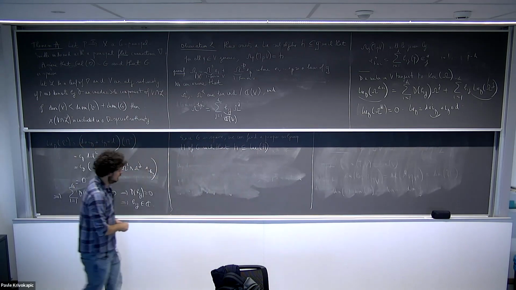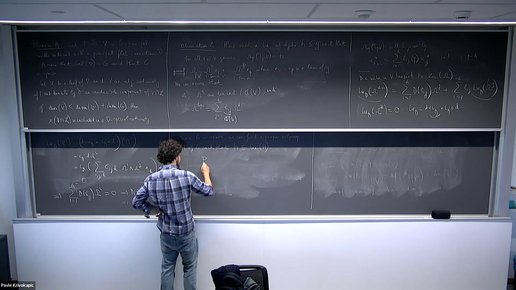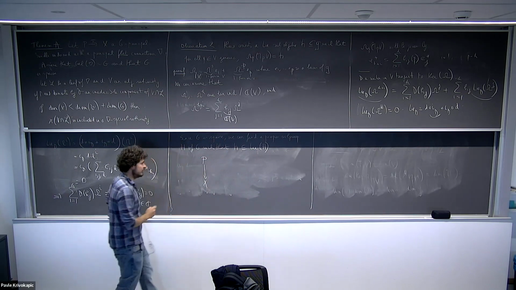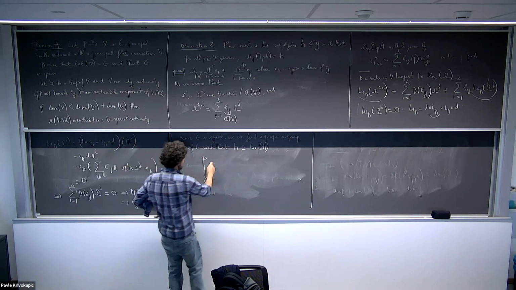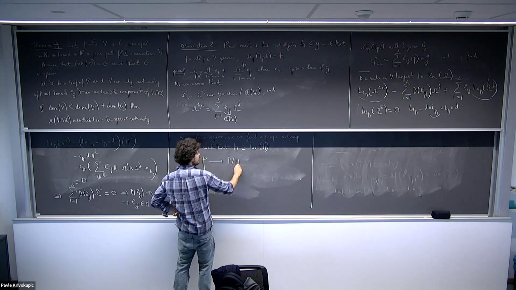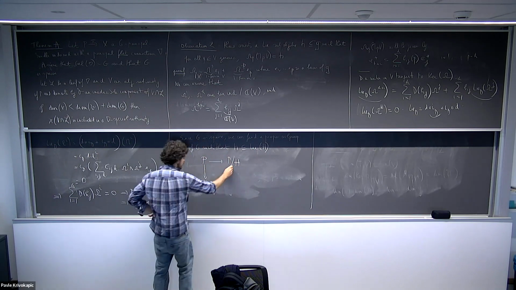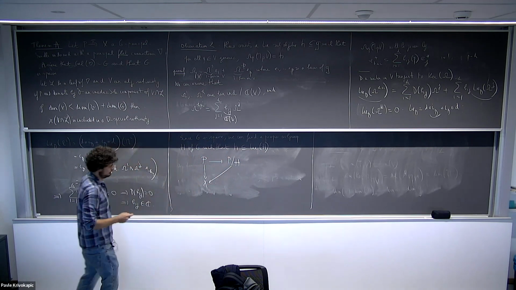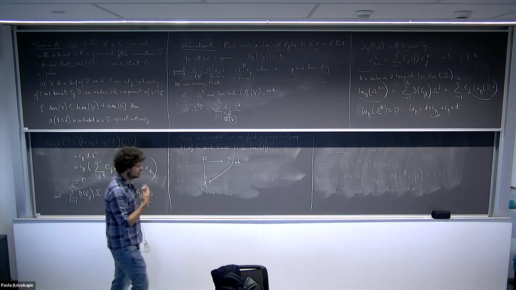Okay. And now I have my bundle here, P over X. And what I can do is take the quotient of P by H, and project onto X. Okay, so there is an exercise about that.